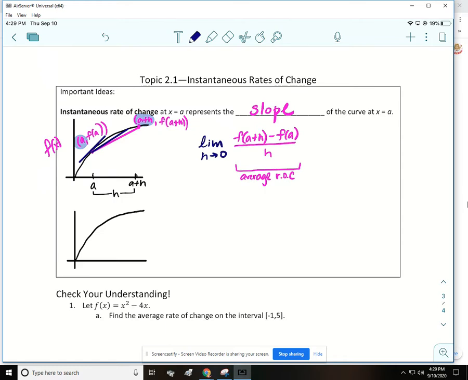Alright, so when we combine the difference quotient with the limit, that gives us the instantaneous rate of change.